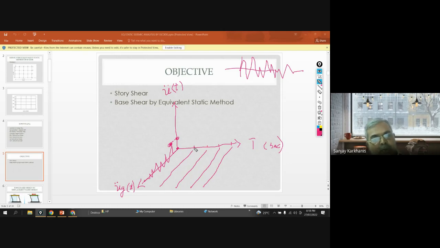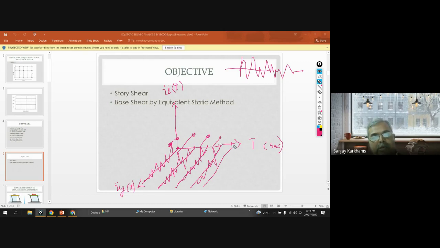Now for t equal to 1, I will have another something like this. Then the maximum is plotted over here. Similarly, this will have something like this. So out of that, the maximum is plotted over here.